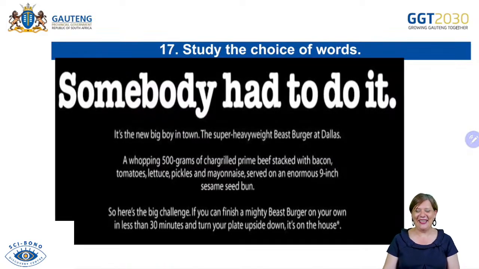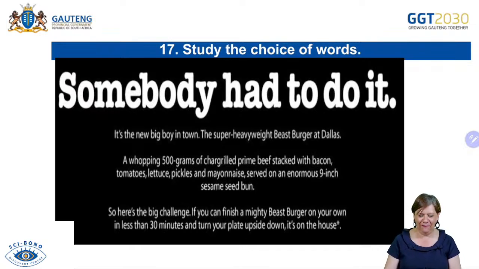So here it is. Now I need you to look at the type of words they've used. Somebody had to do it. It's the new big boy in town, the super heavyweight beast burger at Dallas.